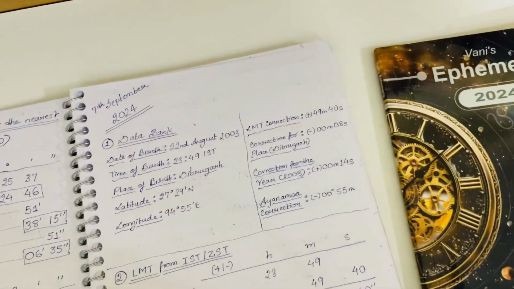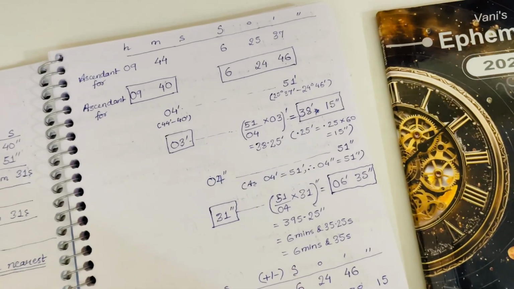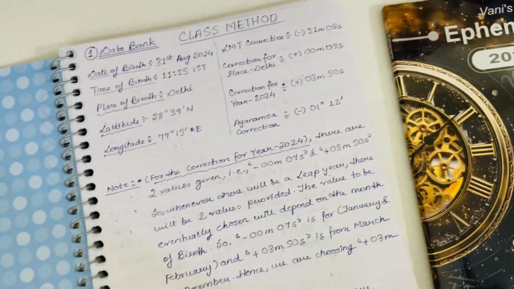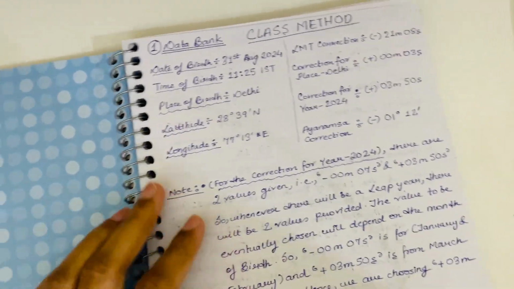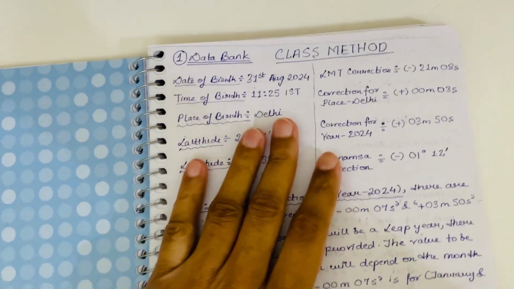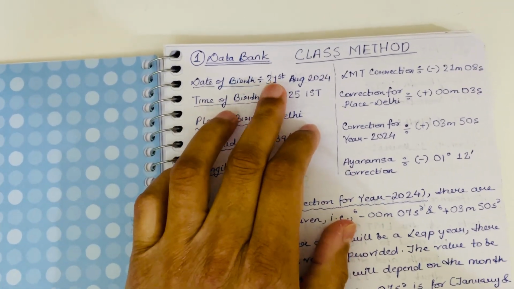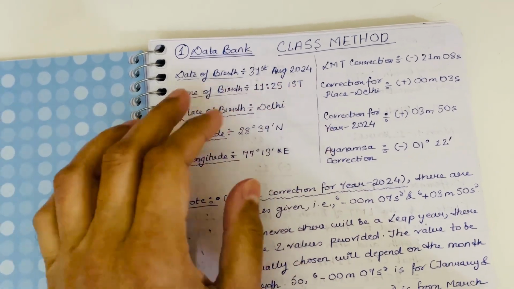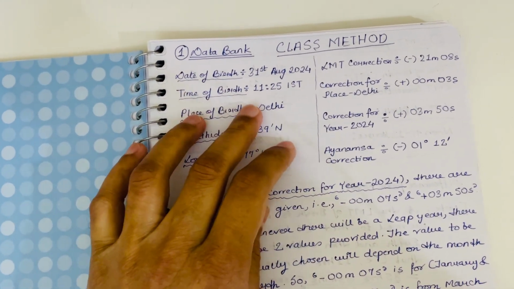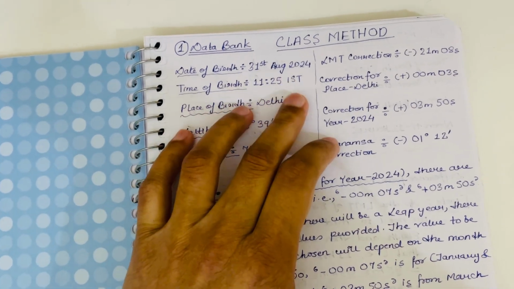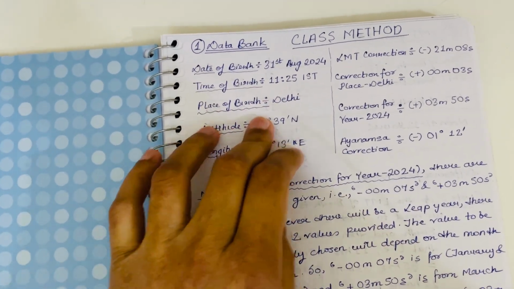I'll tell you. So again, I'm referring to my notes. All right, so this is the data bank. The date of birth is 31st of August 2024. The time of birth is 11:25 a.m. IST, and the place of birth is Delhi.